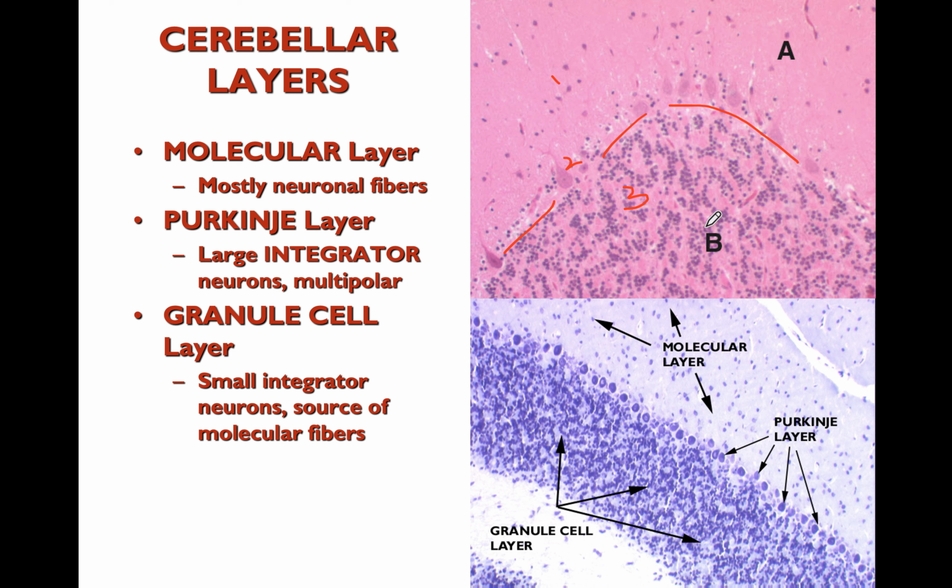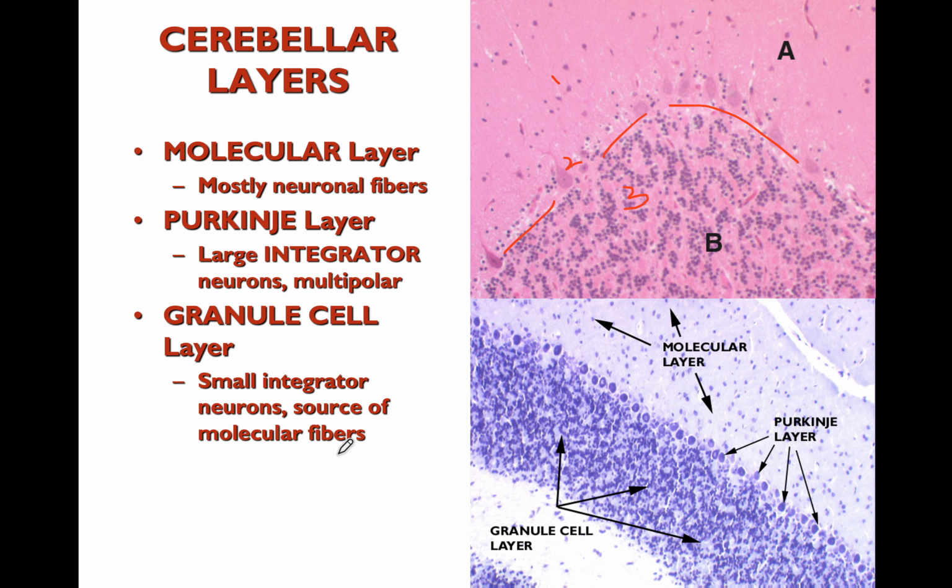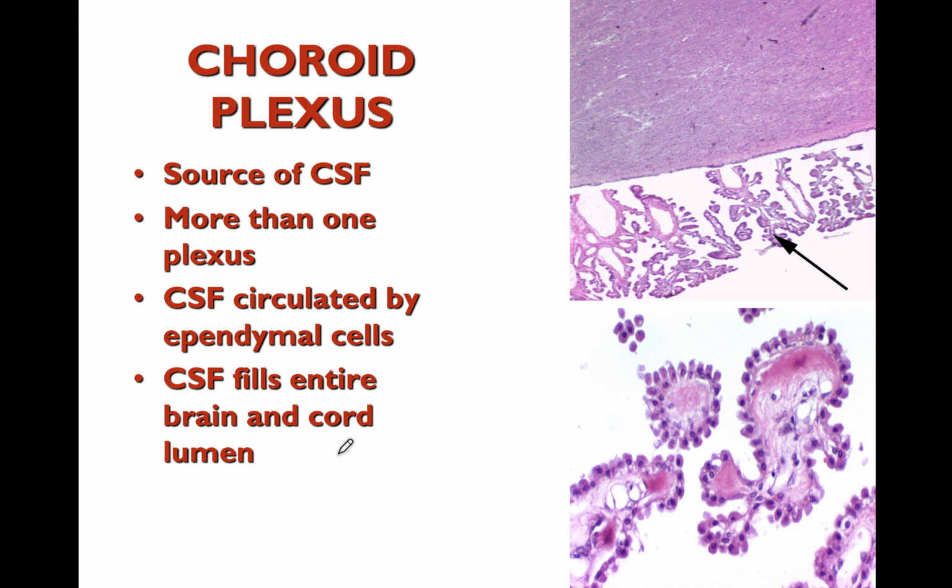And the area inside has small integrator neurons, and because their appearance almost looks like lymphocytes, we call it the granular cell layer. The Purkinje neurons are multipolar, very large integrator neurons, and they form one single cell layer, which is the Purkinje layer.